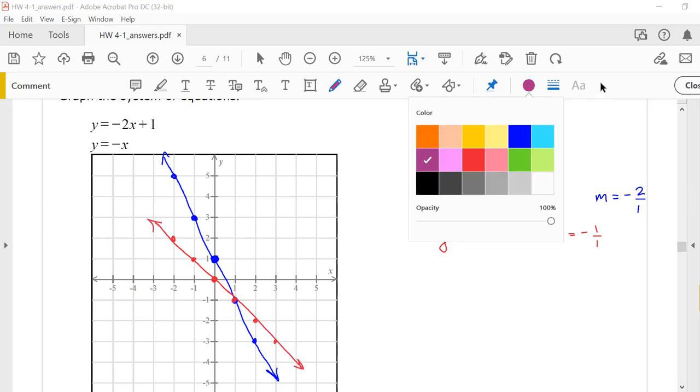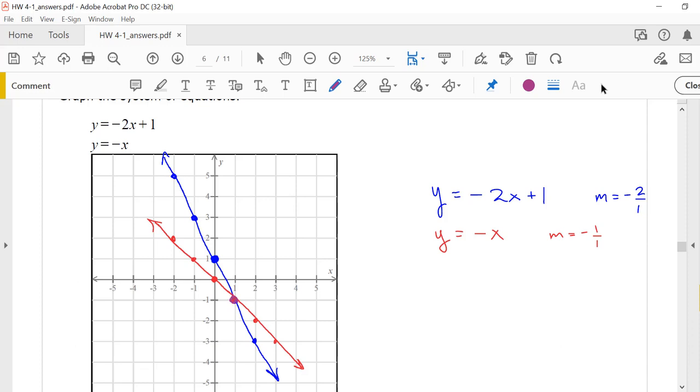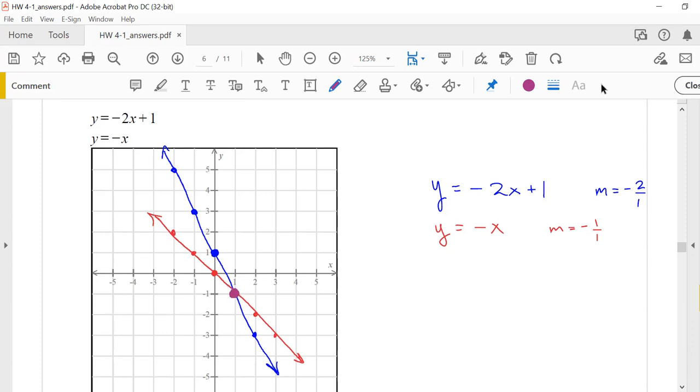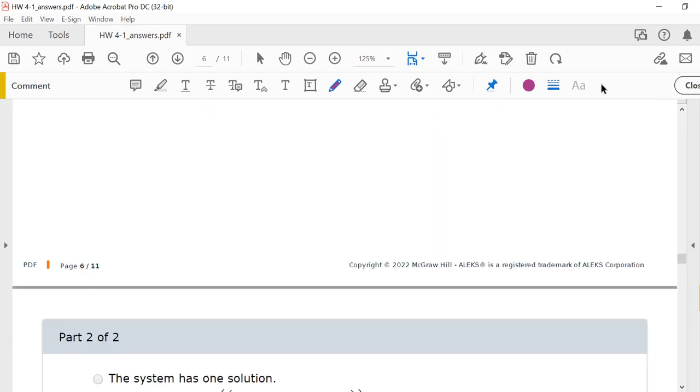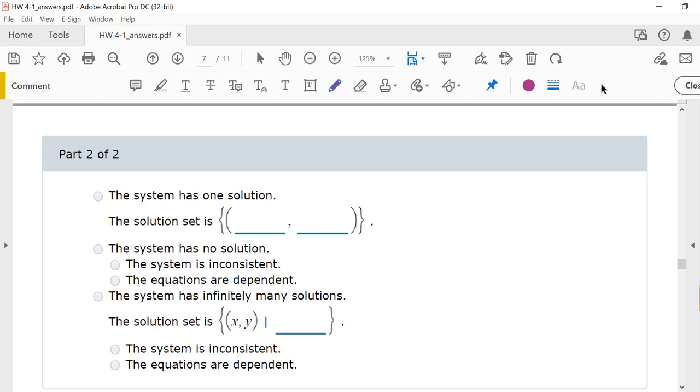Those lines intersect right here. So I have one solution at 1, negative 1. So let's see what they say. Part 2. The solution has one solution, and the solution is 1, negative 1.